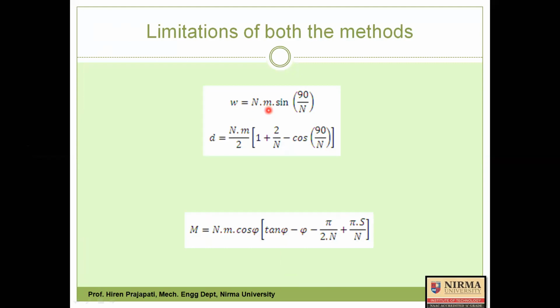So if you have gears with the same module but different numbers of teeth, then for each and every gear you need to do the calculations separately before using the method. Those are the limitations of both the base tangent method and the gear tooth vernier caliper method.